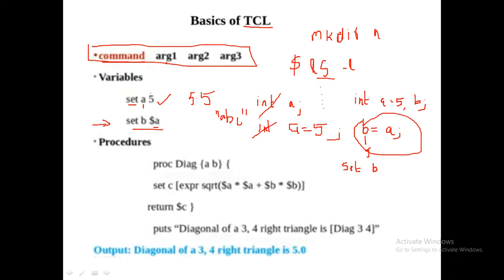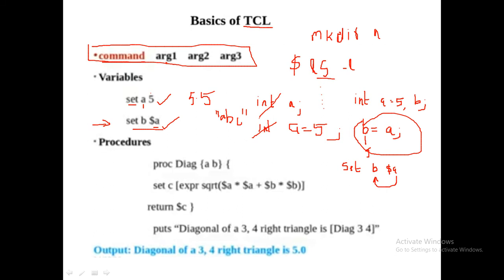So how do you get the content of a? By using the dollar symbol. When you say $a, this is 5. $a is the value present in the variable a. So $a means 5, and you are assigning 5 to the new variable b by using this line. This is how you use the set command, right?